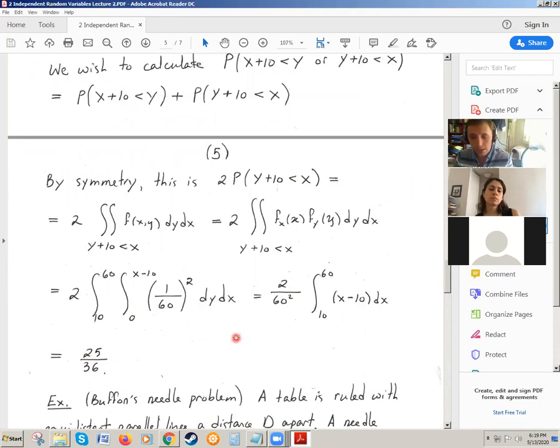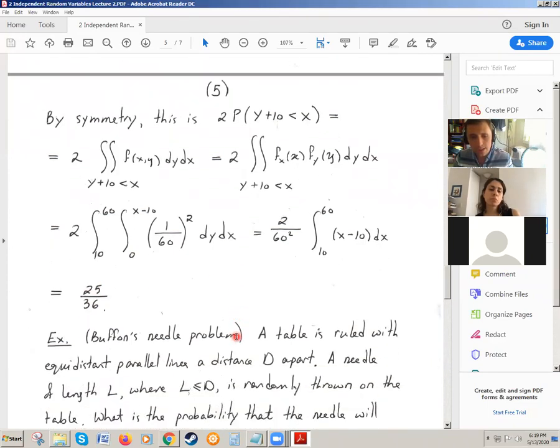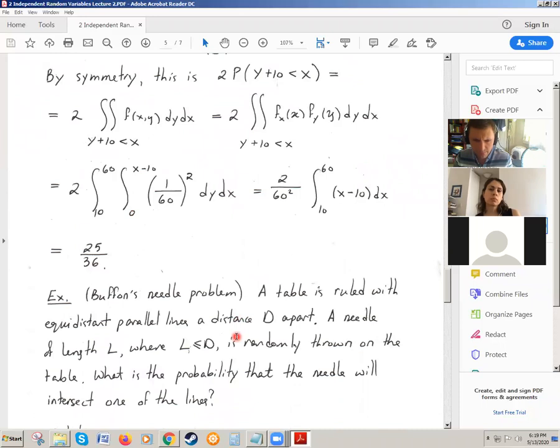Yes? So here is one more example. And this might take you some time to figure out. I think it's a bit interesting, right? It's one of those similar to some of the other things that we considered. So imagine that we have a table, or a very big infinitely ruled flat surface. Let's call it a table. And it's ruled with equidistant parallel lines, right?